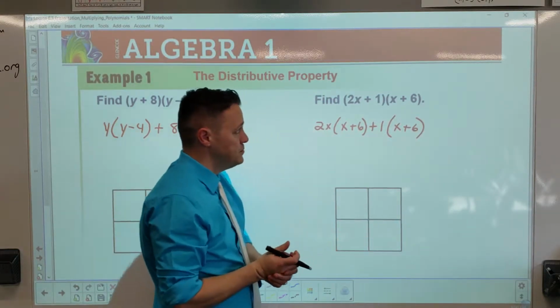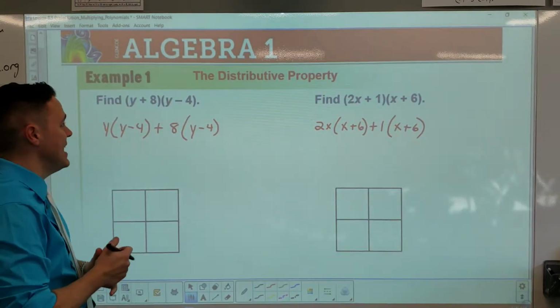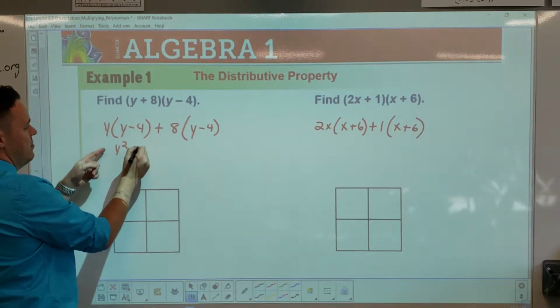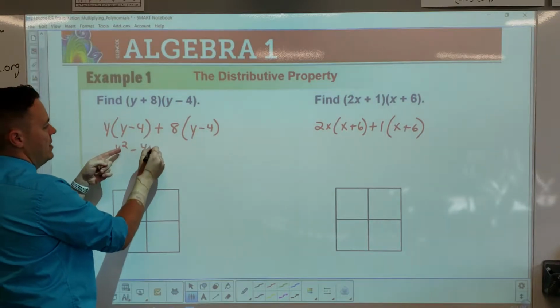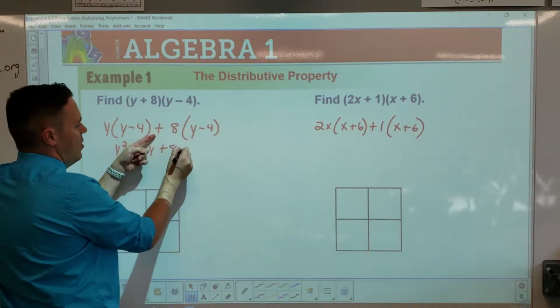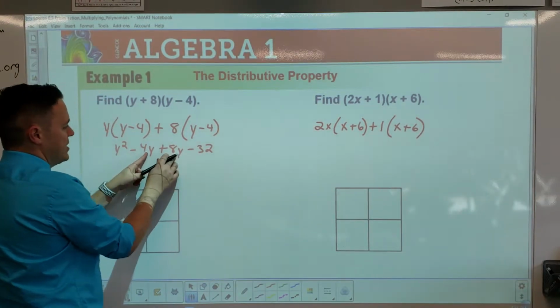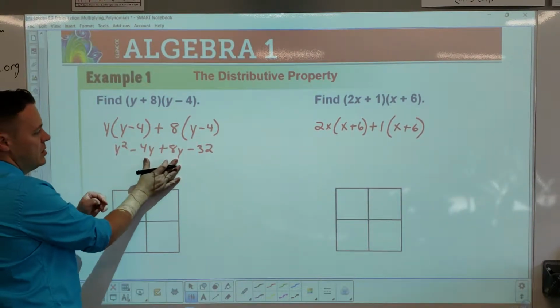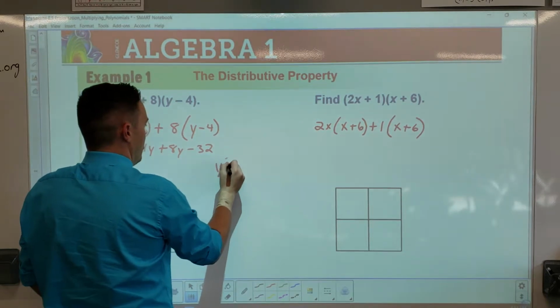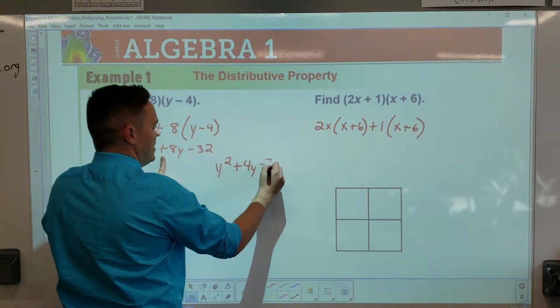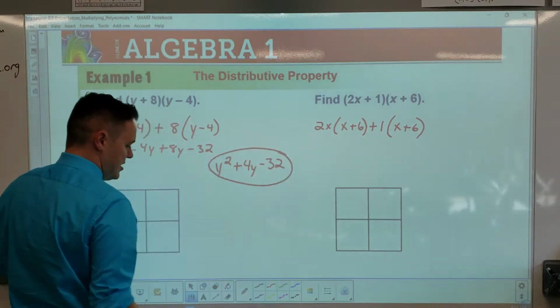You distribute like that. Now this is y squared minus 4y plus 8y minus 32. Combine the like terms, which are usually always in the middle, and you'd end up with y squared plus 4y minus 32. So that's this equation.